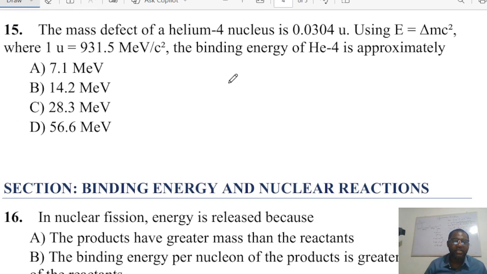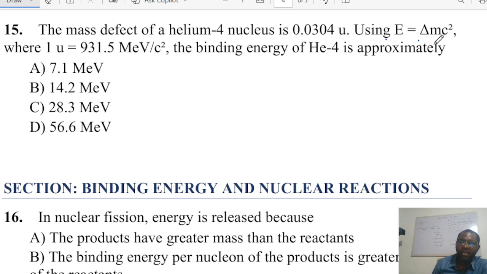The next one here says the mass defect of a helium-4 nucleus is 0.0304 U. Okay, U represents atomic mass unit. That's the unit we use to measure particles, because their size is too small.